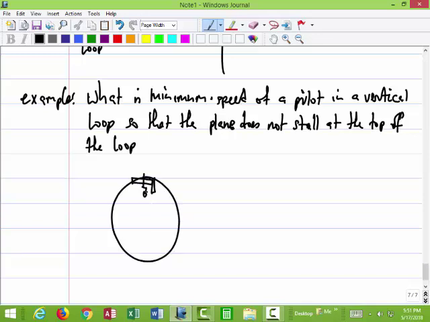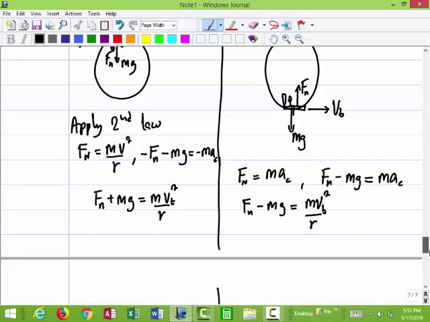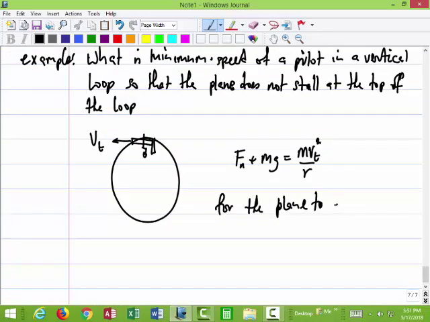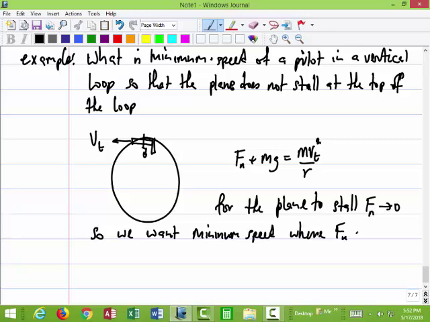The pilot sits in the plane that way, and we found that at the top of the loop, Fn plus mg equals m v top squared over r. For the plane to stall, Fn goes to 0. So we want the minimum speed where Fn is 0.